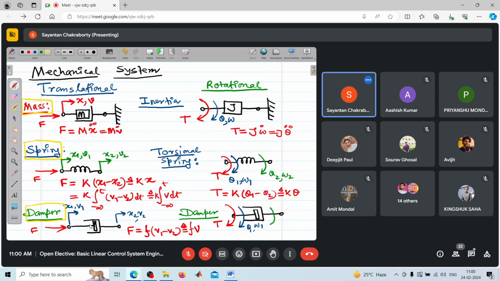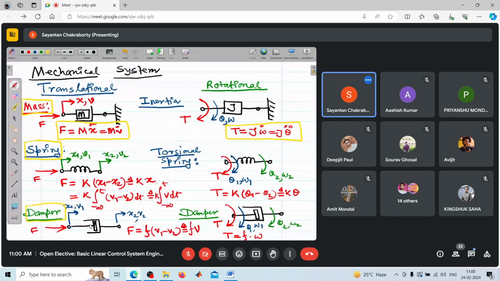So what you can write, same, that T will be equal to F into omega, right? Now I want to just make one observation. See, this equation, the relation between force and displacement or velocity, this gives the relation between torque and the angular displacement or angular velocity.